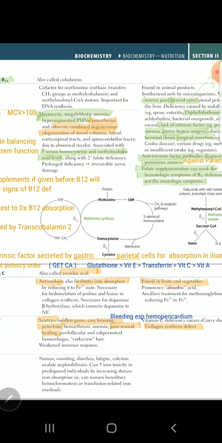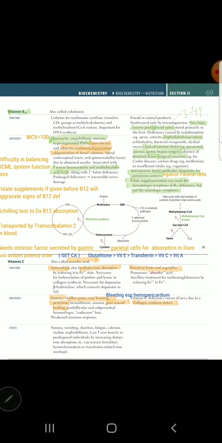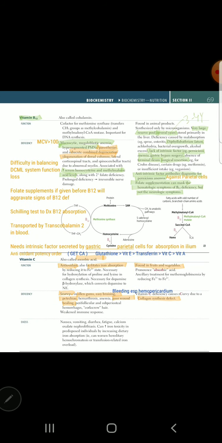It is especially related to scurvy, and sometimes even bleeding, especially hemopericardium, inside the heart cavity or pericardium, the outer covering. And then poor wound healing, also related to zinc and vitamin C. And these are water soluble vitamins, and this is how we prepare them.